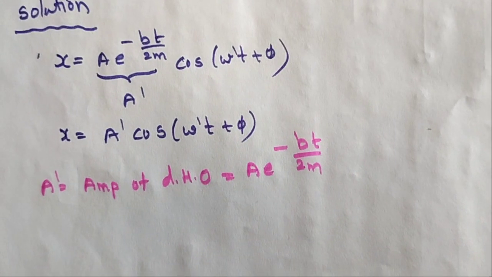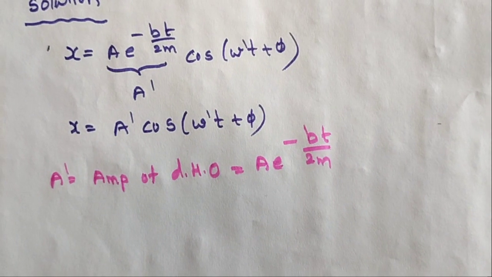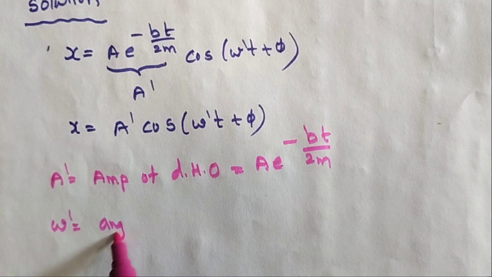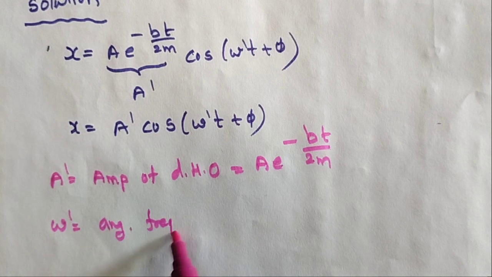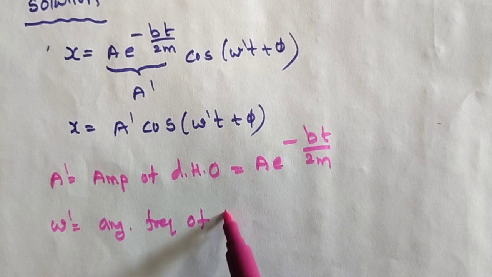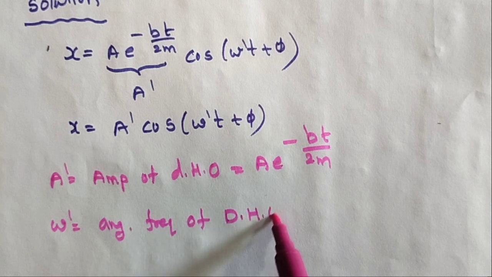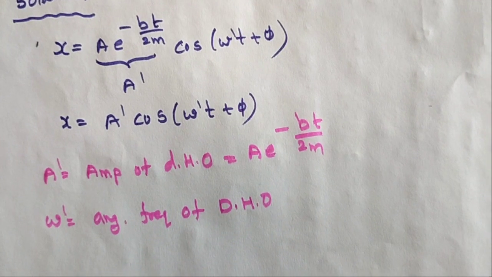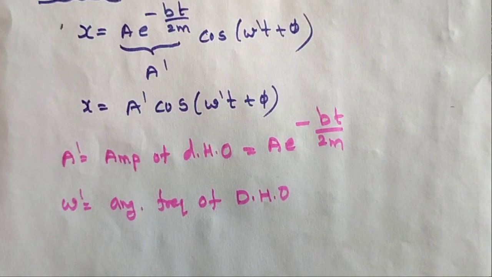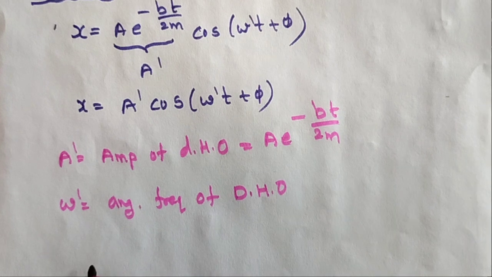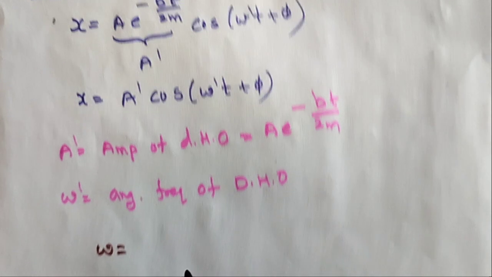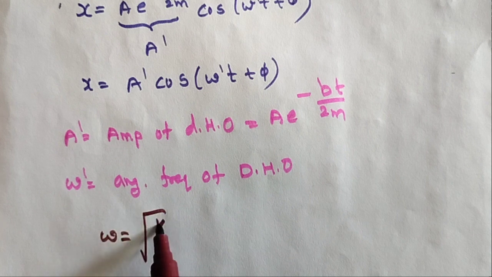Here omega dash is the angular frequency of the damped harmonic oscillator. In SHM, what is the omega value? We know that very well: in SHM, omega is equal to the square root of k by m.